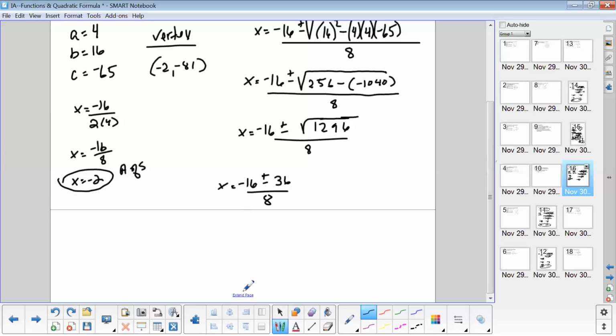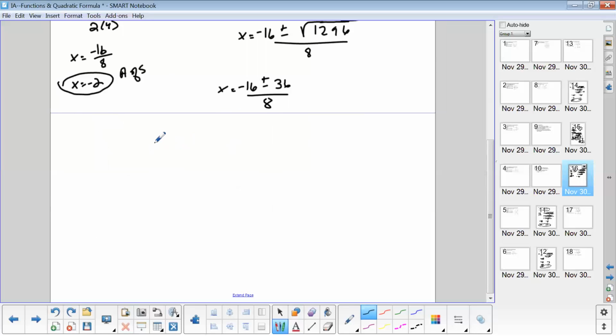So I'm going to look at two ways here. I've got x equal negative 16 plus 36 divided by 8. And x equal negative 16 minus 36 divided by 8. So negative 16 plus 36 is 20, and 20 divided by 8.